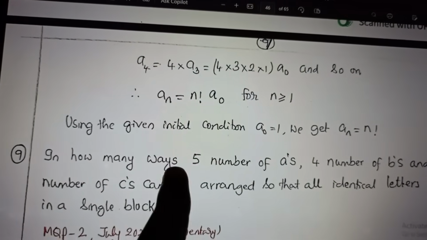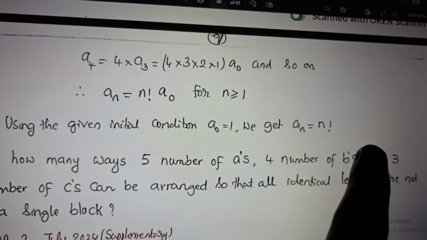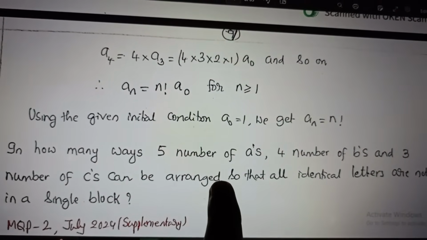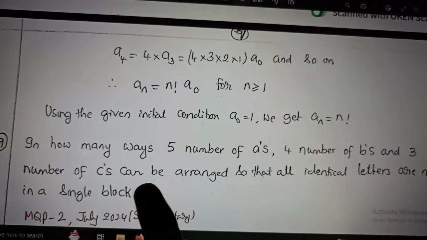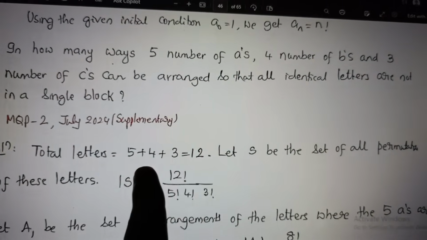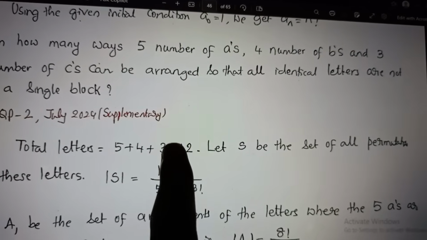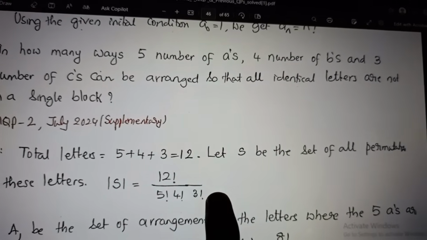That's it. Then next, in how many ways can 5 A's, 4 B's and 3 C's be arranged so that all identical letters are not in a single block? Very simple again. First of all, add all the letters, we will get 12, divided by the separate frequencies.